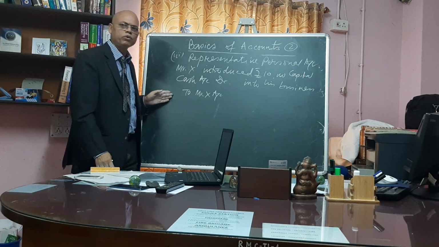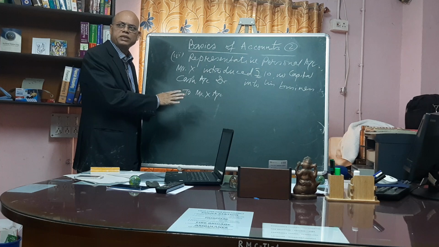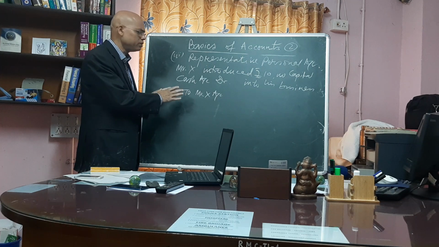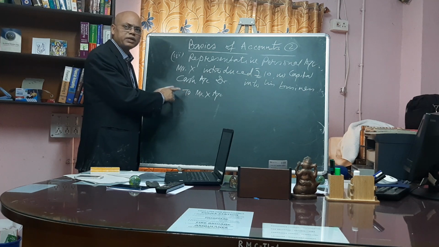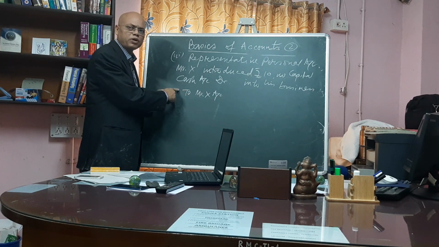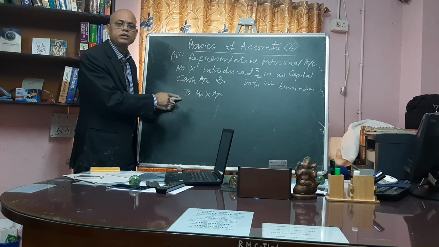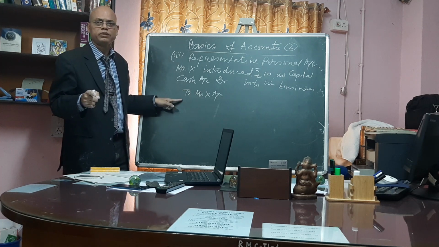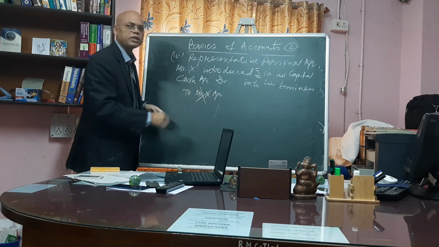I'll discuss the golden rule and the obsolete rule later. But right now, as an example, the students can understand that when cash has come, cash is an example of real account, and debit what comes in, credit what goes out. According to that rule, cash account debit, and Mr. X is the giver of money, therefore Mr. X account credit. But in accountancy, using the separate entity concept of business, we never write the name of the businessman.